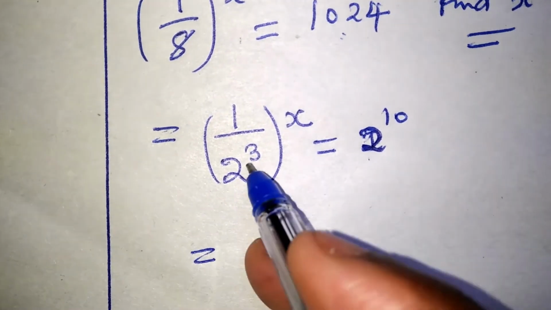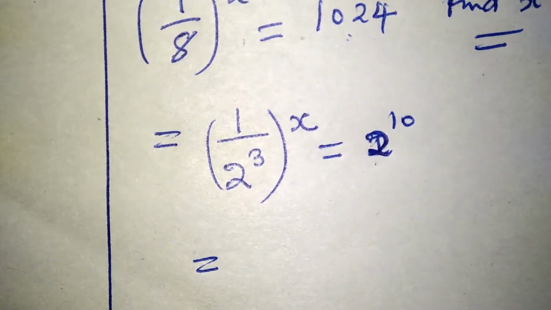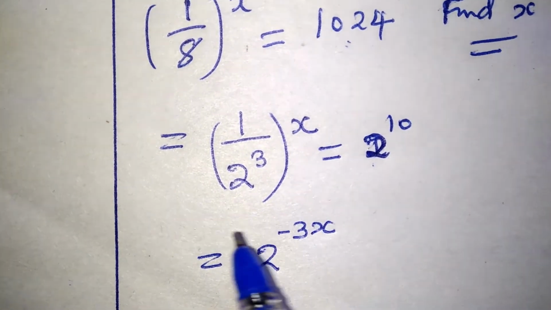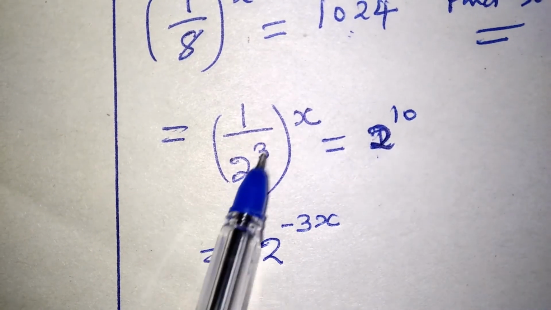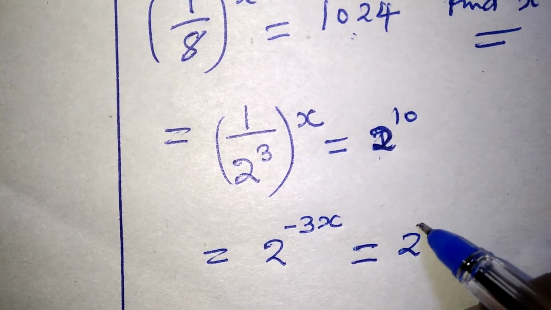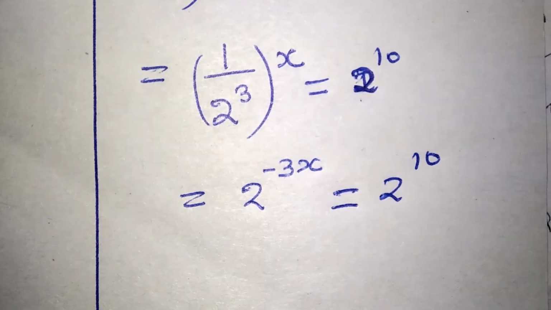At this point, we apply the reciprocal rule for the left hand side to get 2 raised to negative 3x. I've opened the bracket also. I'm multiplying the powers. This is equal to 2 raised to 10.